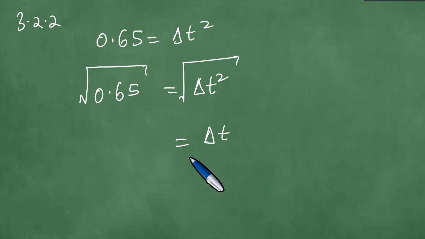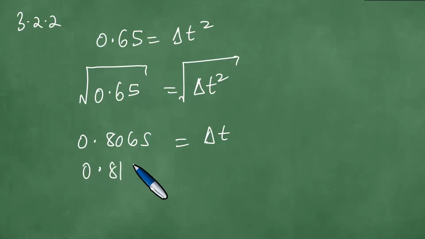It's 0.81. Okay, that's fine. Seconds. So let's just check this one here, which is about 0.81 seconds is delta t.